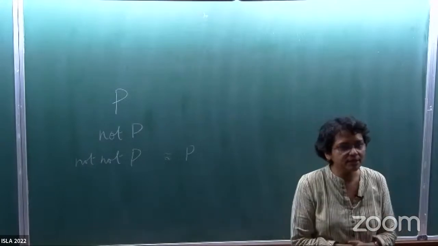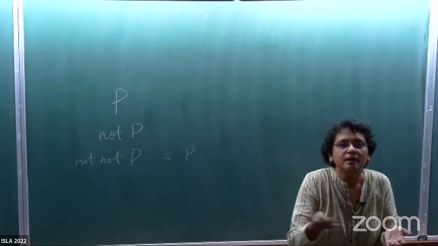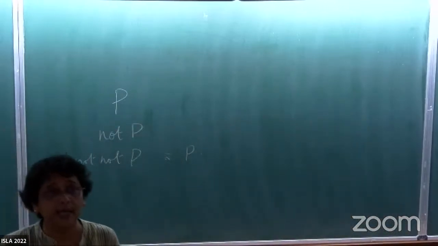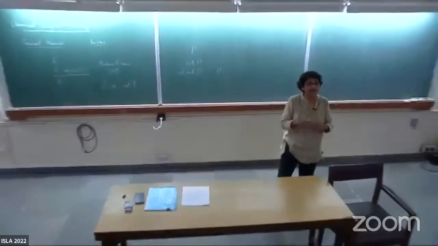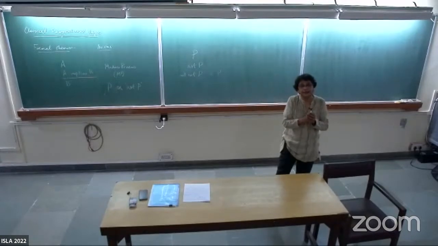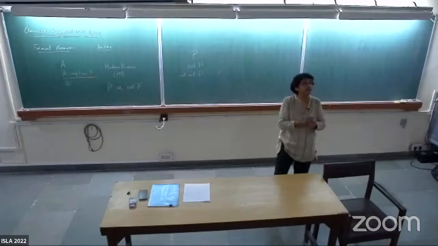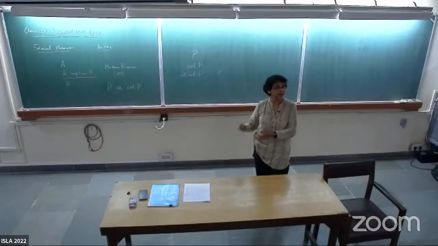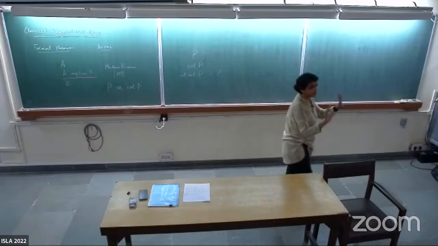However, this may be questioned. You will meet this in the school itself when they discuss intuitionistic logic. For example, if you are trying to claim that there exists a continuous function satisfying something and something. In classical mathematics, very often what we would do is suppose there does not exist such a function. You arrive at a contradiction and nicely conclude that therefore such a function exists.